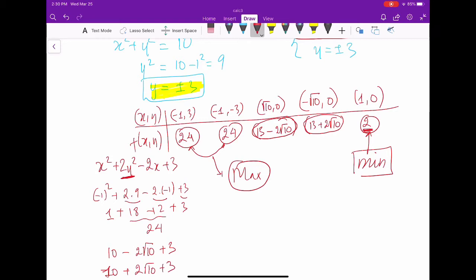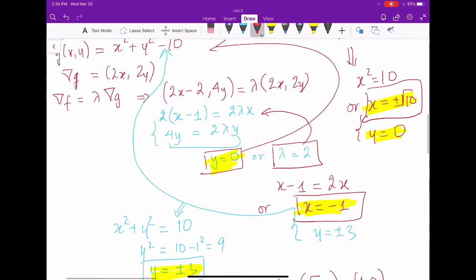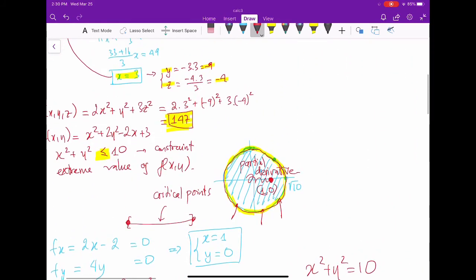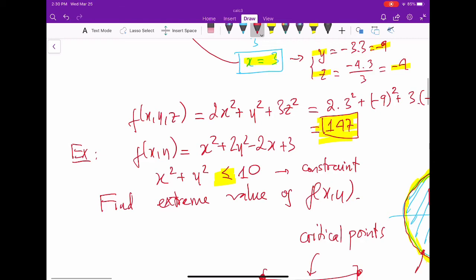So see, this problem is a little bit long. But if we have some constraint like this, we need to combine 2 methods: the method of Lagrange multipliers and then partial derivatives. Make sense?